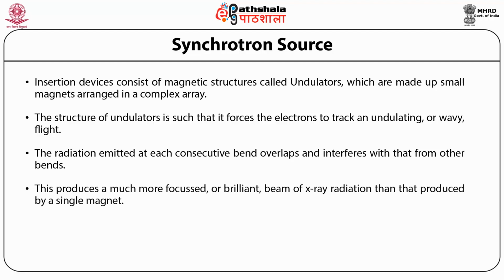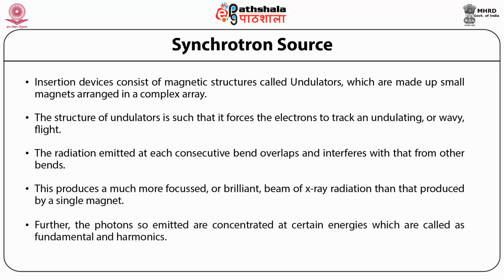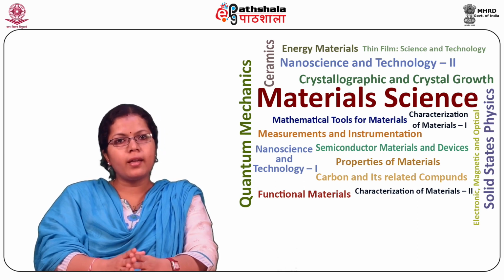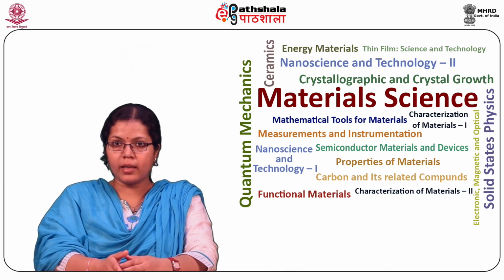This produces a much more focused or brilliant beam of X-ray radiation than that produced by a single magnet. Further, the photons so emitted are concentrated at certain energies, which are called fundamental or harmonics. The wavelength of X-rays can be fine-tuned by changing the gap between the rows of magnets.